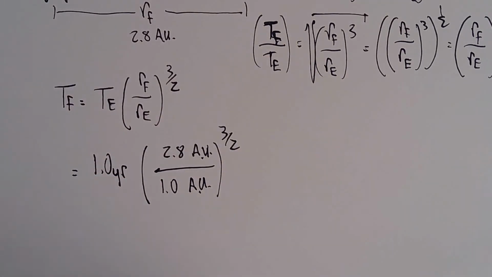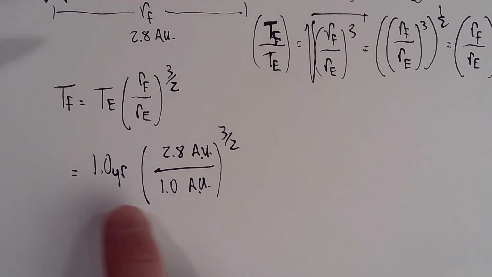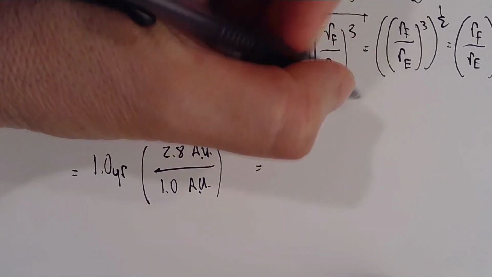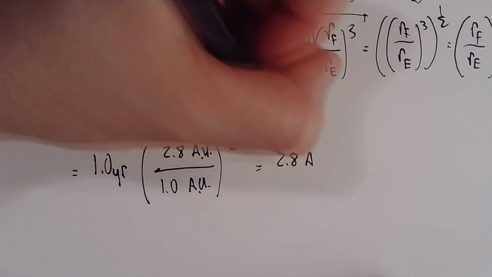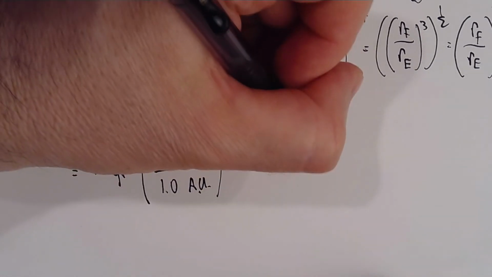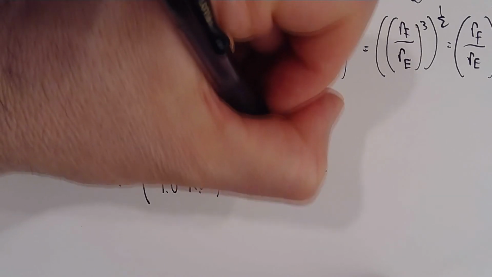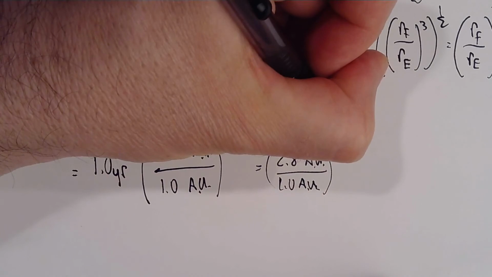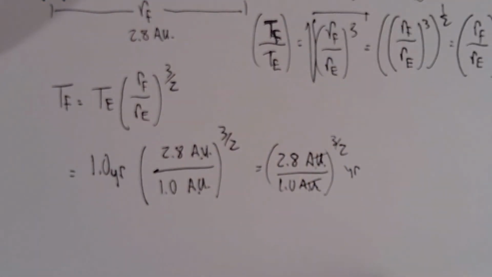So you can see Kepler's third law problems don't have to be super duper crazy hard, because this one basically disappears, and really when it's all said and done, we just have to take 2.8 AU divided by 1.0 AU to the 3/2 power. And again, that's in years. Astronomical units cancel out.